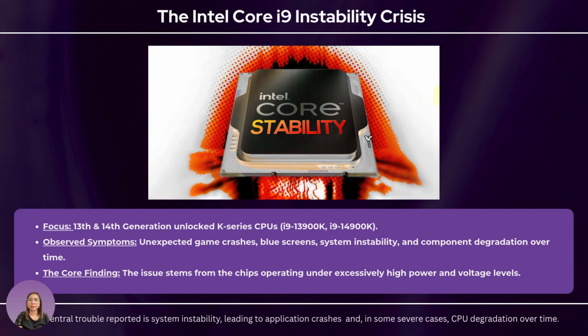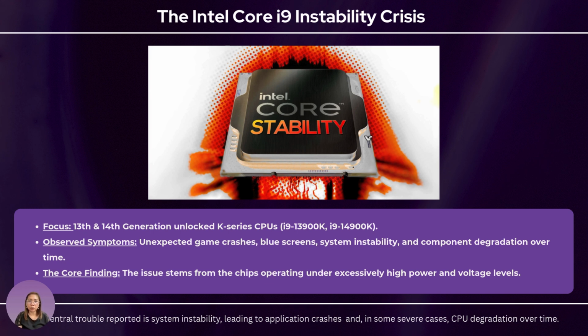Let's dive in. Today we are addressing the major stability issues that have affected Intel's flagship desktop chips, primarily the 13th and 14th generation Core i9 processors.